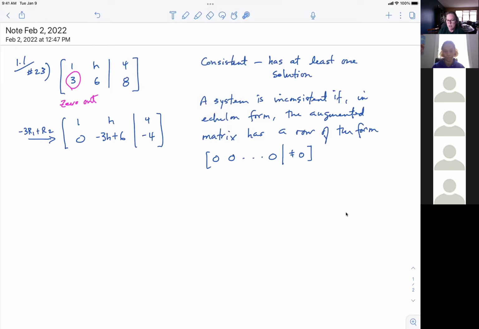And the other rule is that you have that staircase structure. You have your leading entry here, you move over and down and have your next leading entry. Every leading entry is to the right of the one in the previous row. So here's a leading entry in the next row, and the leading entry moves to the right. Okay, so this matrix is in echelon form.